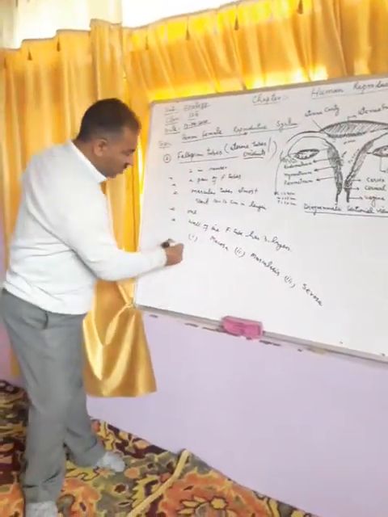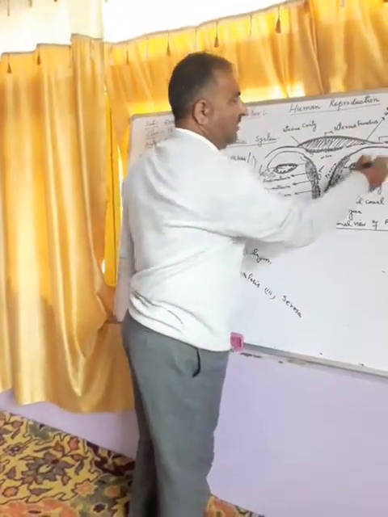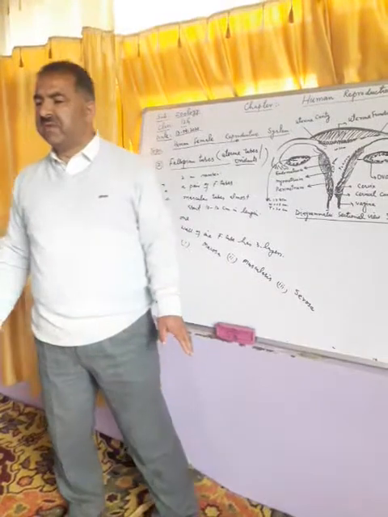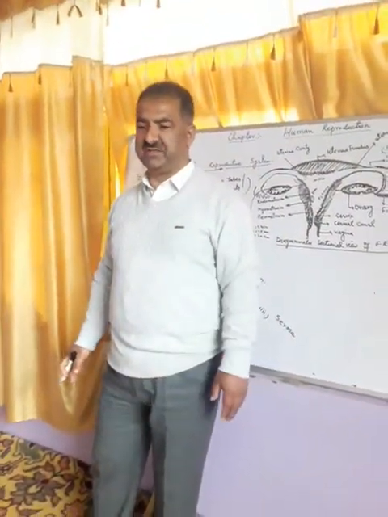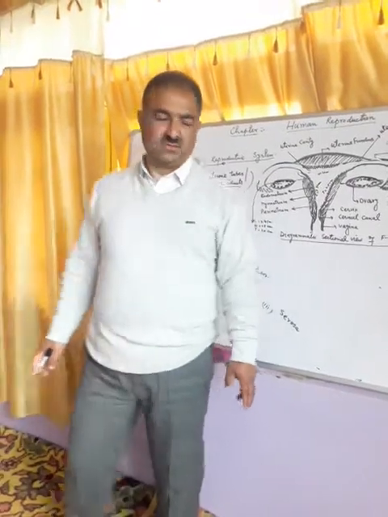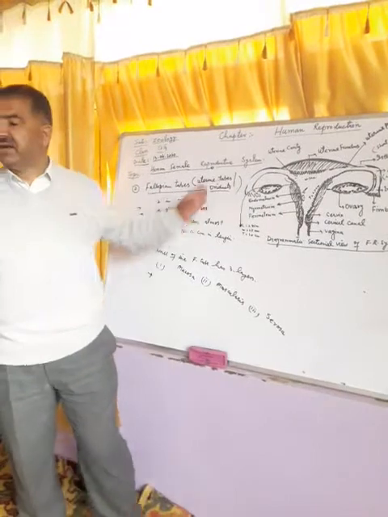So far as the mucosa is concerned, it is the luminal layer, that means it is the innermost layer. Mucosa forms the luminal surface, the inner surface of the oviduct.